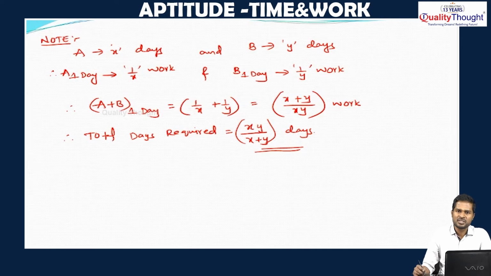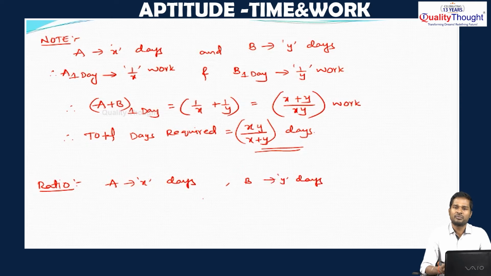And the efficiency we have just now seen, the efficiency will always be inversely proportional to the number of days taken. And see how these things work, if A and B completed a work and if they receive some salary. So, we will see the ratio form of A and B. If A takes x days to complete the work and B takes y days to complete the work.